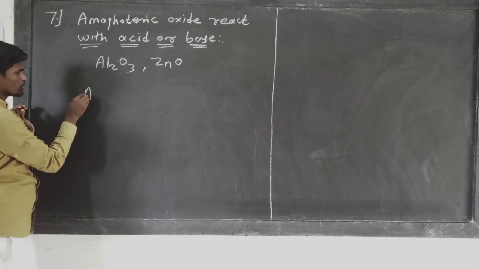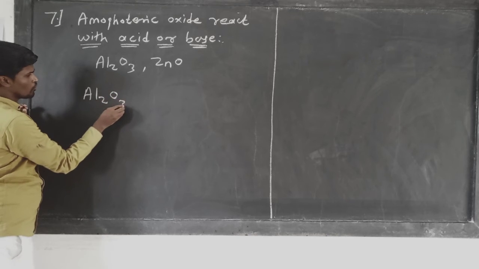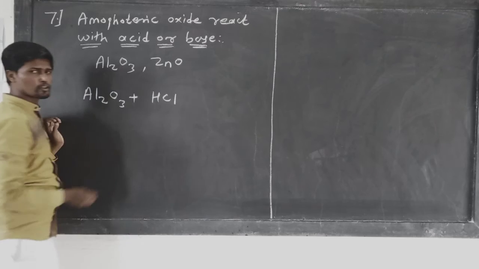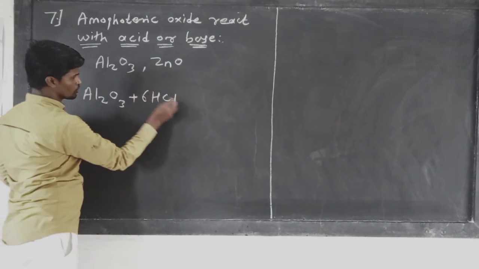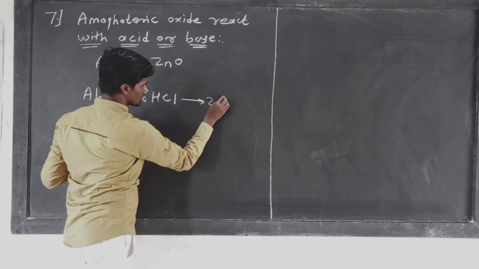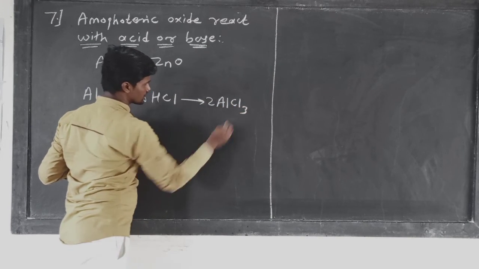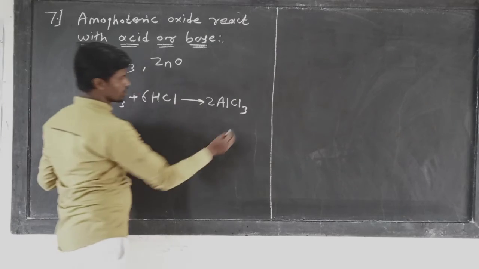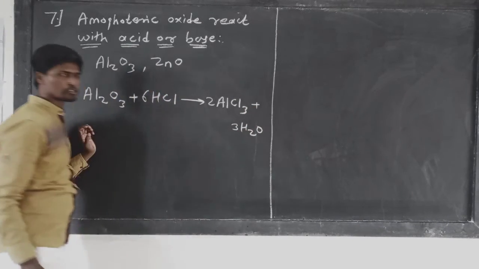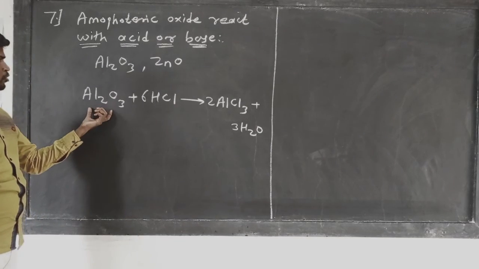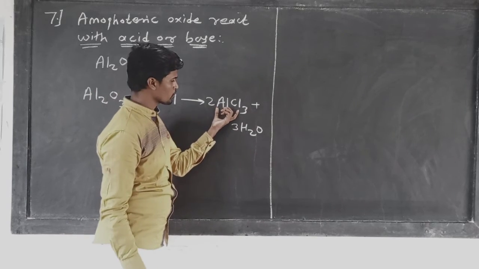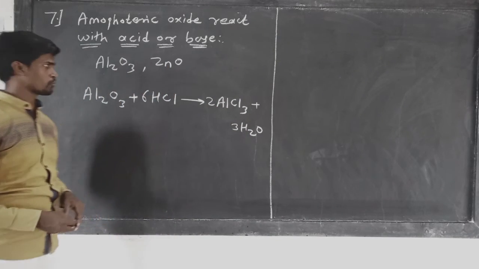So this amphoteric oxide Al2O3 is reacted with hydrochloric acid HCl, 6 molecules. It gives twice AlCl3, aluminum chloride, with byproduct water molecule 3H2O. Alumina reacted with acid gives aluminum chloride with byproduct water molecule.